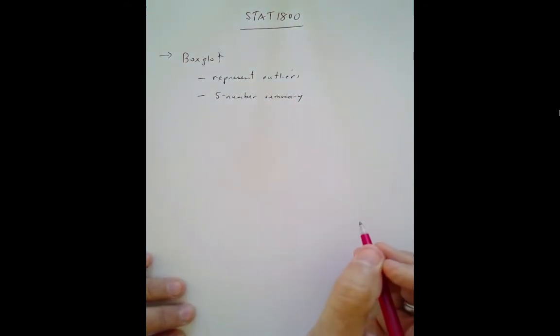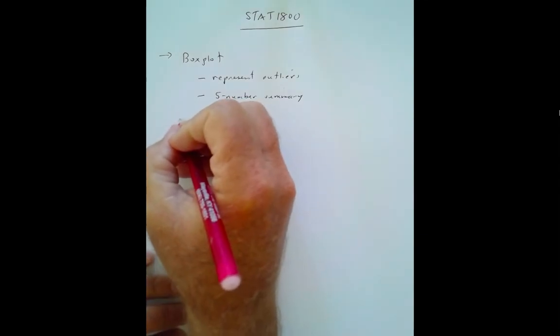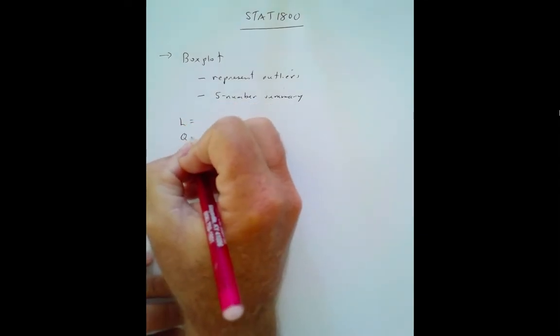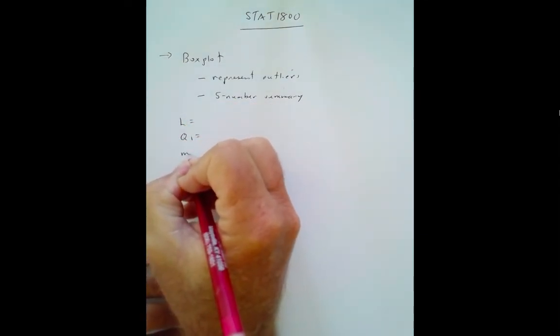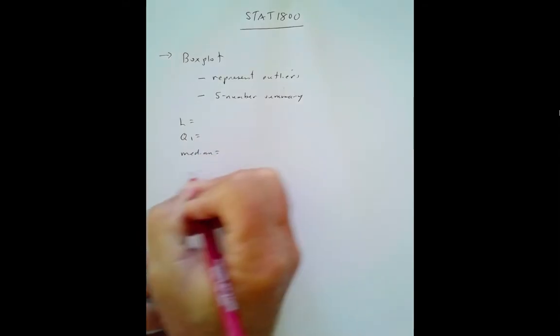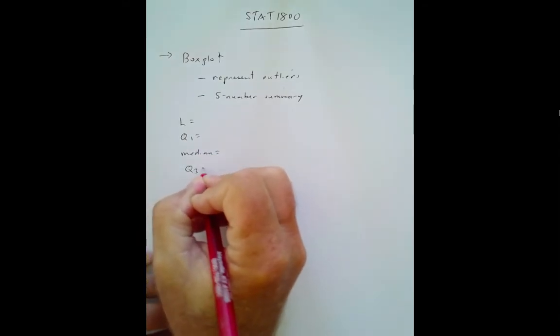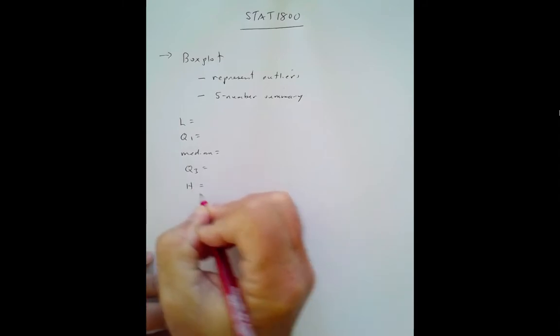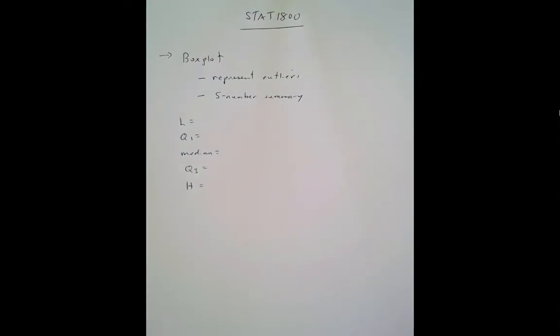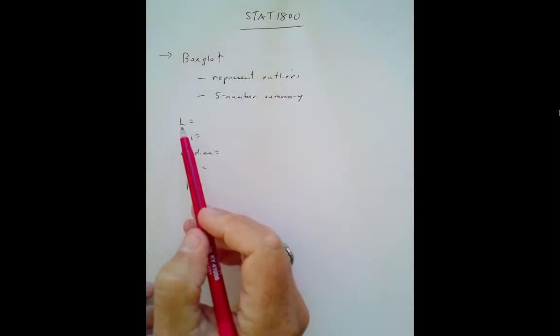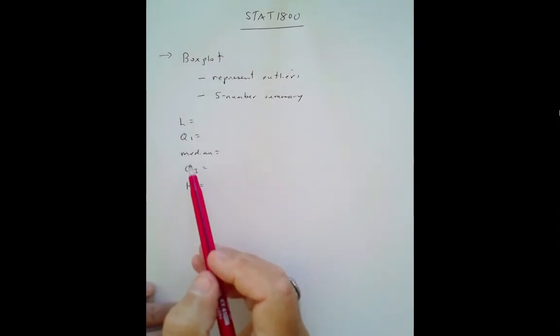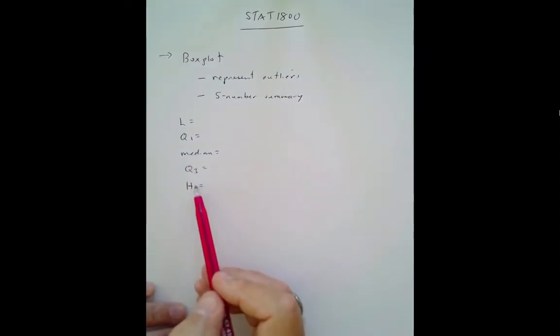Now, I think it's important to point out that, again, as we should know by now, the 5-number summary consists of the low number, Q1, the median, Q3, and the high number.